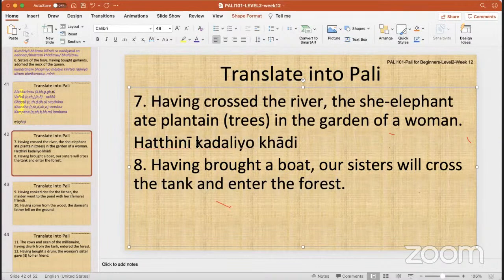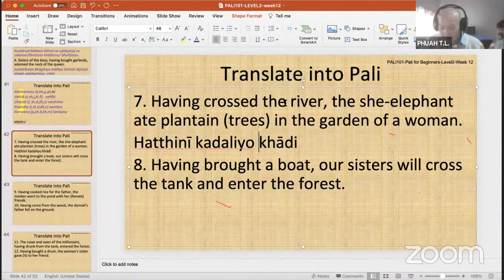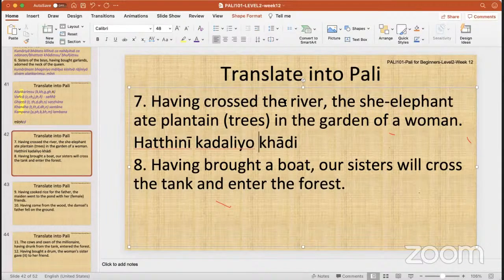Khadi is the verb, right? Hathini is the subject, Kadalio is the object, and Khadi is the verb. So this is the word order. And now we can add the rest. Having crossed the river. Having crossed, taritwa.